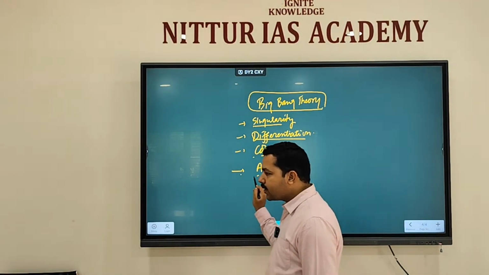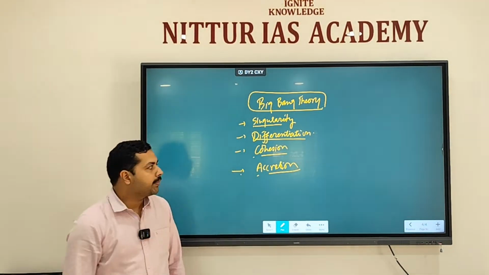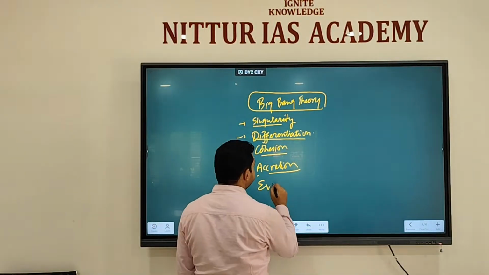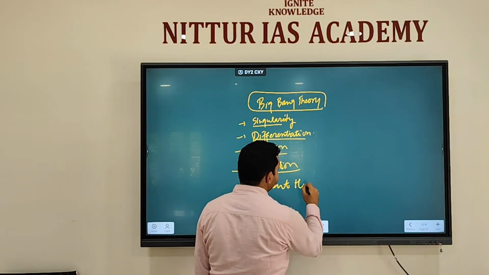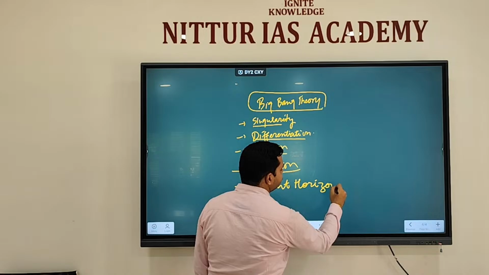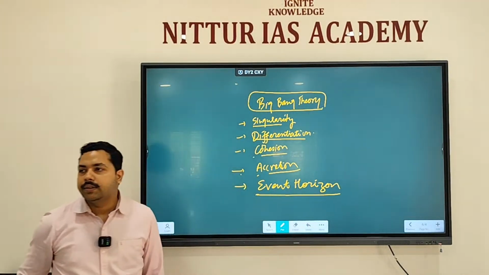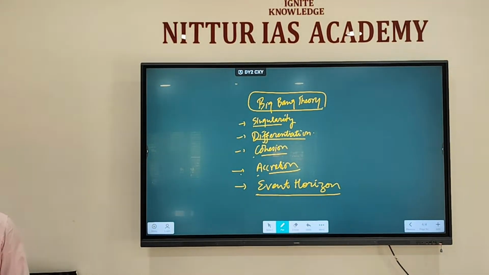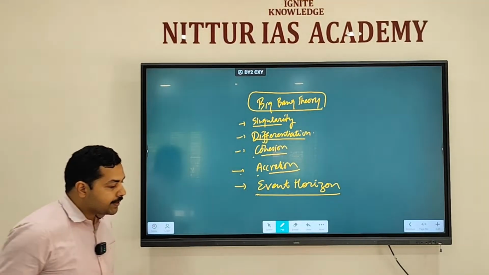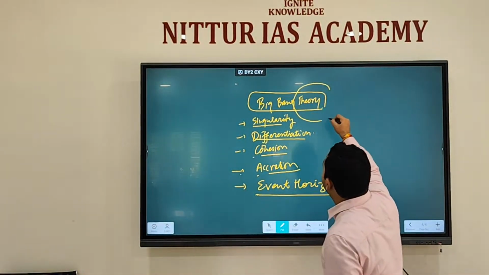So these are certain terms that you have to keep in mind. Even event horizon. These are the terms you have to keep in mind with regard to the Big Bang theory. Clear?